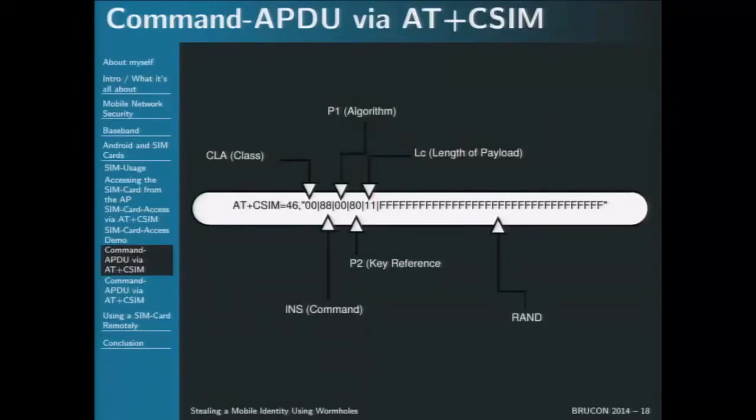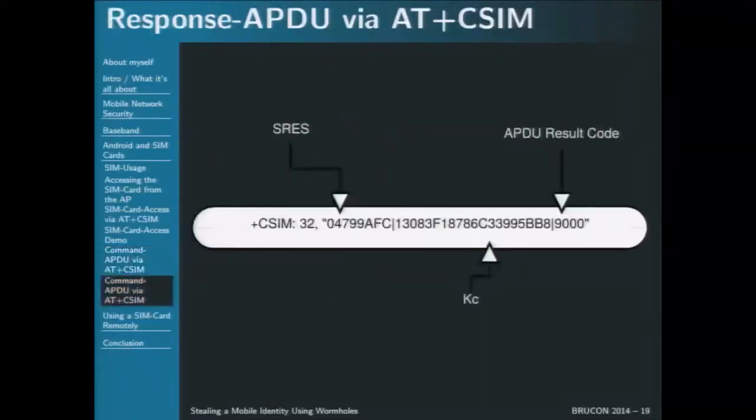This payload is the RAND that comes from the mobile network, and it's basically your challenge. So, funny thing is, normally this is just 16 bytes long, but somehow the MediaTek wants 17. Yeah. So, what comes back? The response comes back. This is the SRES and the Kc.